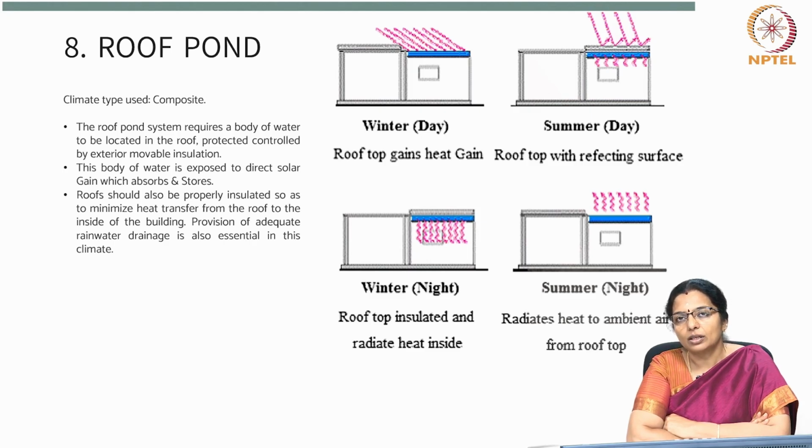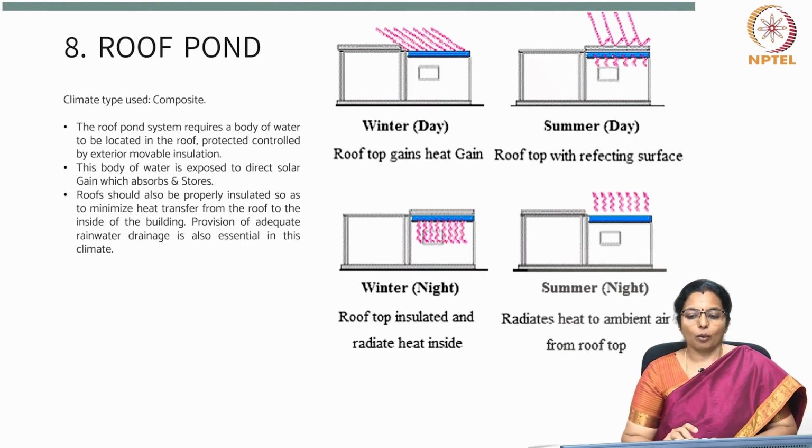With the cover closing the water body during the day, the cool water retained on top of the roof helps in keeping the indoors cool. So this is how a roof pond system operates.